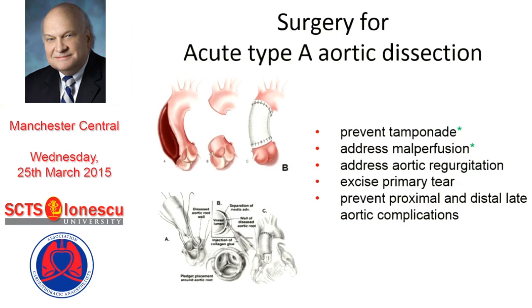All of you are familiar with the principles of surgery for acute aortic dissection, but it's worth reminding ourselves that the primary one is to prevent pericardial tamponade, and secondarily to address malperfusion. Almost any of the other objectives are secondary and in some sense prophylactic, and these would include addressing aortic regurgitation, excision of the primary tear, and prevention of proximal and distal late aortic complications, usually by trying to obliterate flow through the false channel.